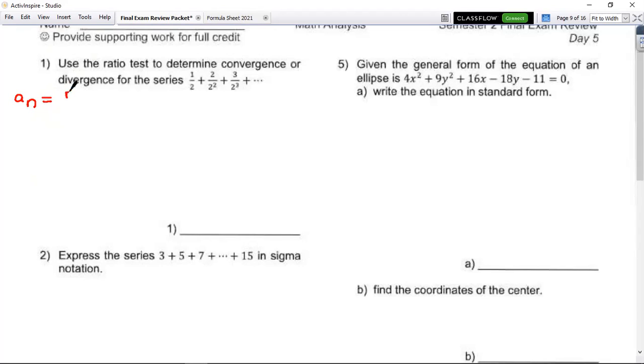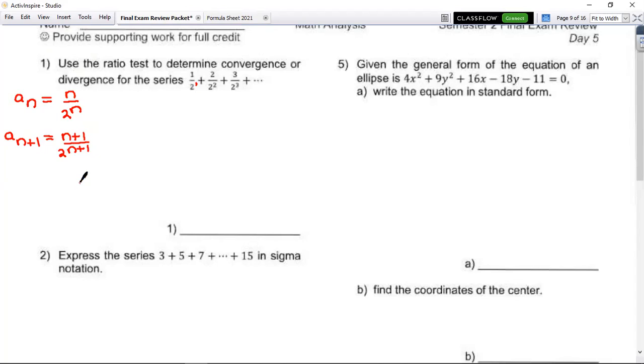So I've got n divided by 2 raised to the power of n. Then you're going to do your next one. So your next formula is the next consecutive term, which is n plus 1. So that would be written as n plus 1 divided by 2 raised to the n plus 1.